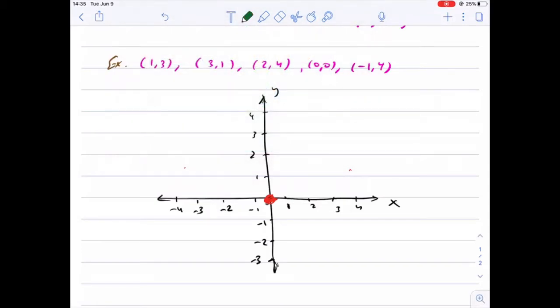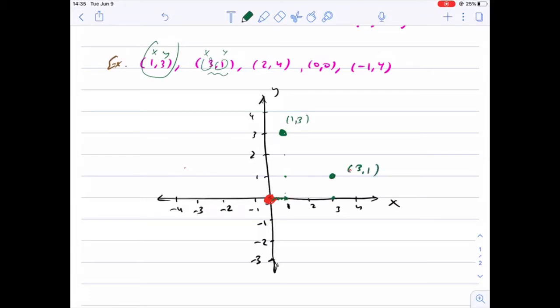So we have (1, 3): 1 on x and 3 on y. So 1 step on x and 3 on y, that means this point is (1, 3). The second one is 3 steps on x and 1 step on y, that means here. So this is (3, 1).